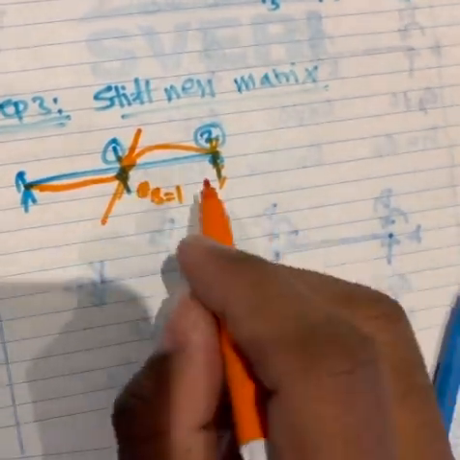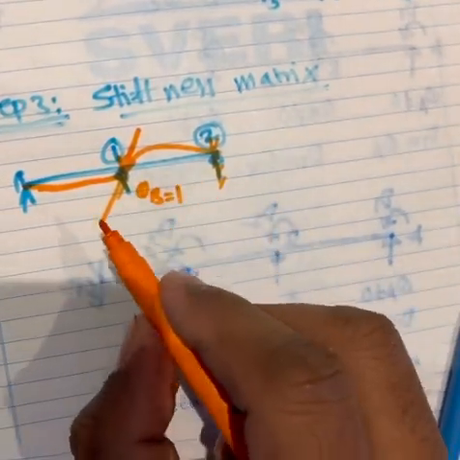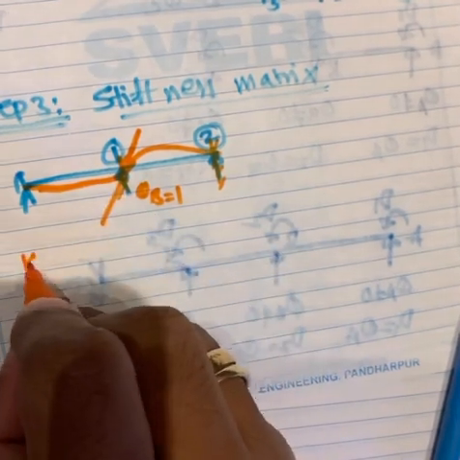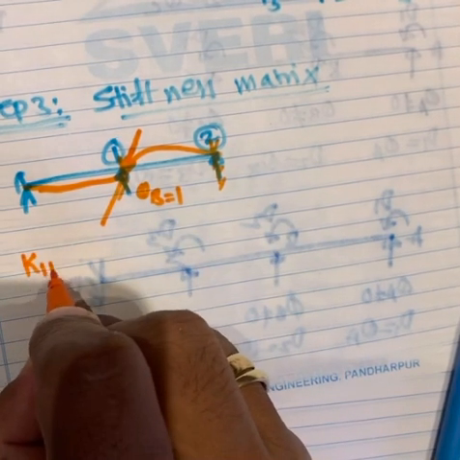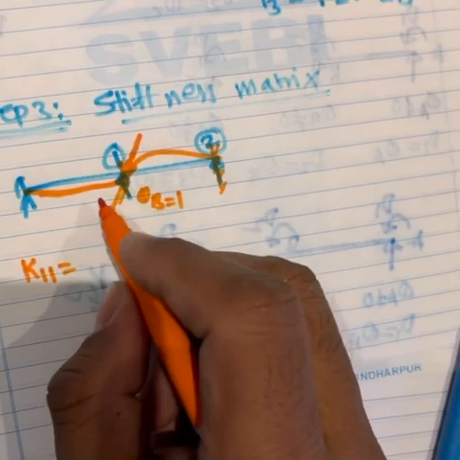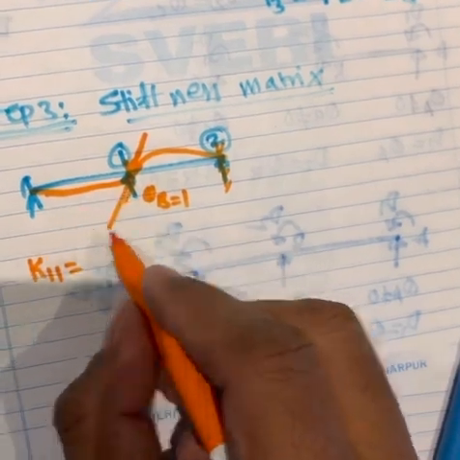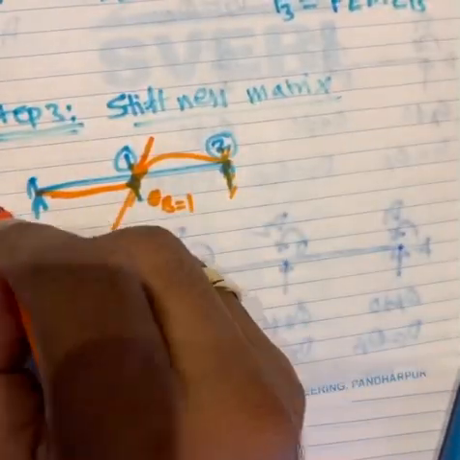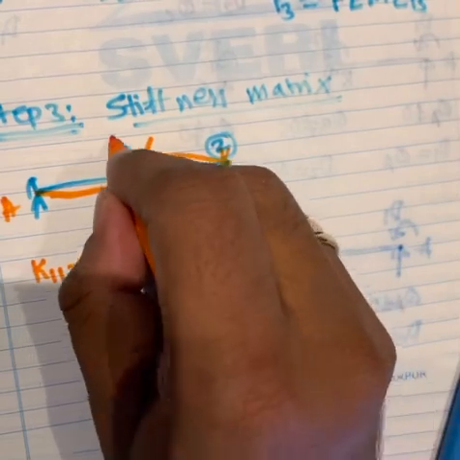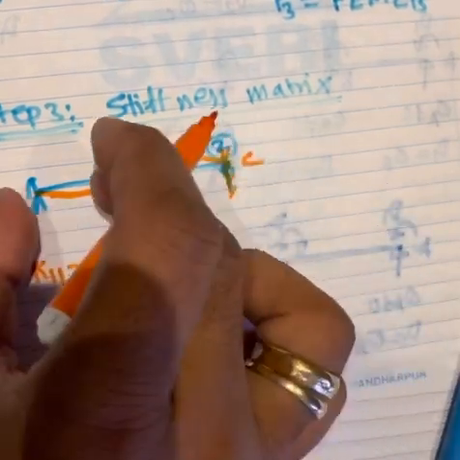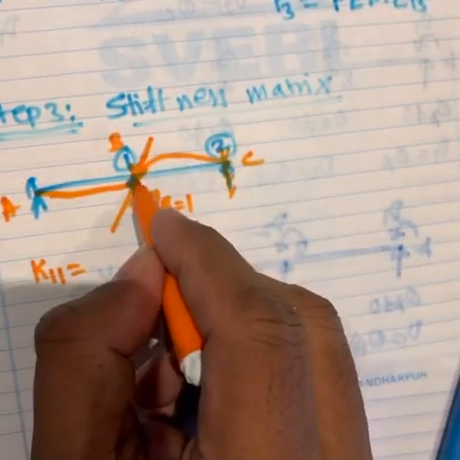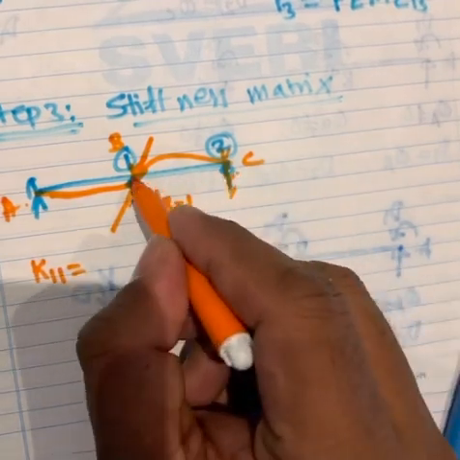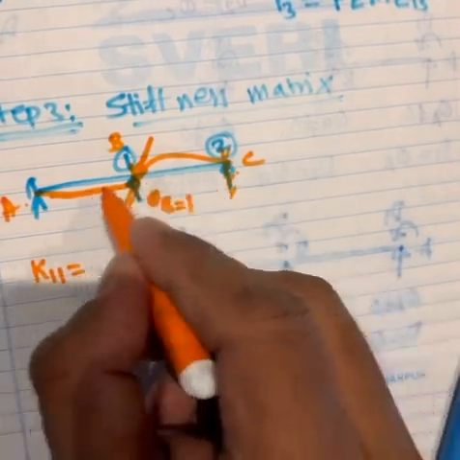So K11 is where I have applied a unit rotation and am measuring the moment at this end. You have to note that, the way we did in the flexibility matrix, here in the stiffness matrix also there will be a contribution from the BA side and a contribution from BC, because it is at the junction of two beams.